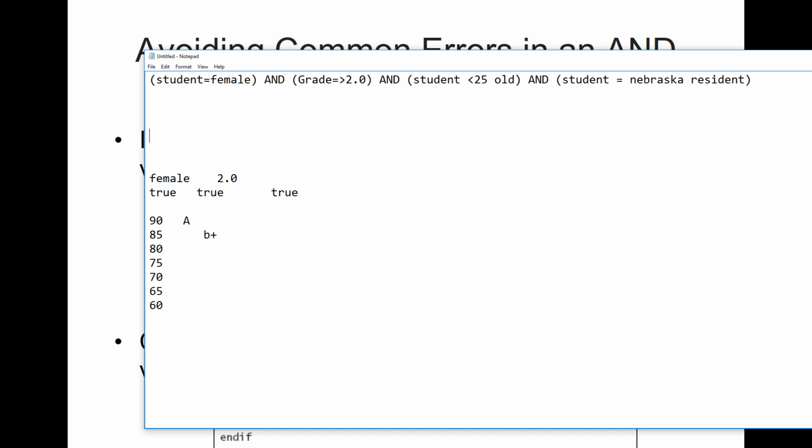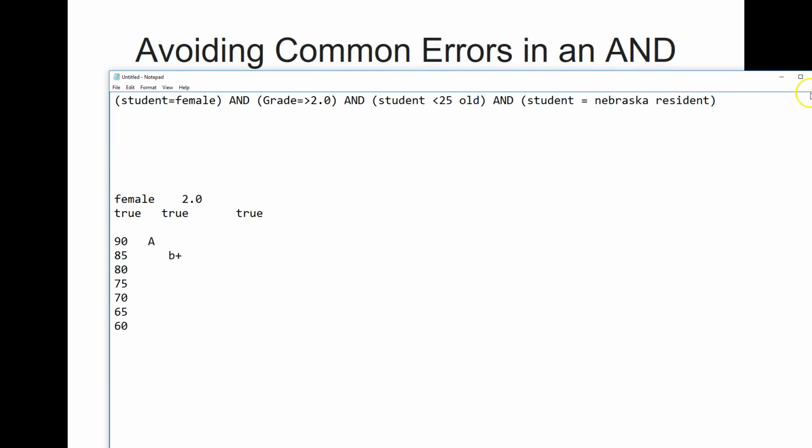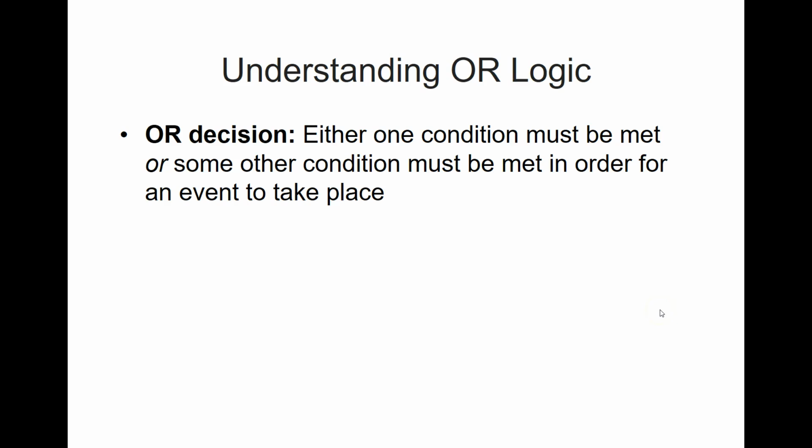And so now you're making decisions, and only those classes that all of those criteria are true show up. So, ands are pretty easy to wrap our heads around.